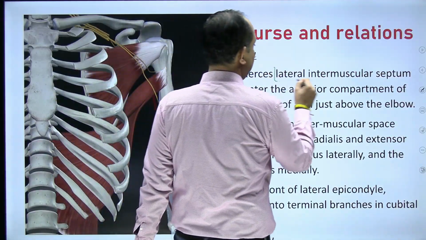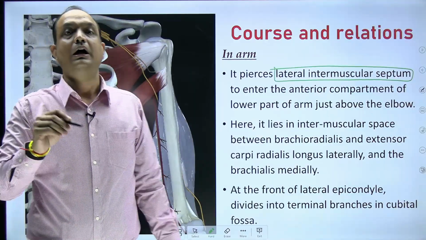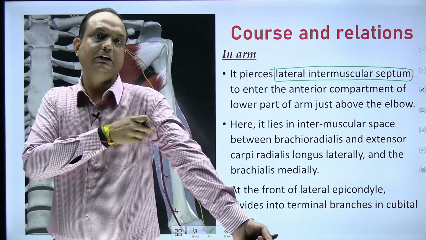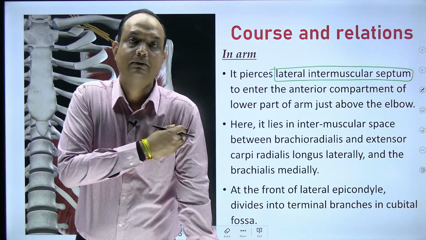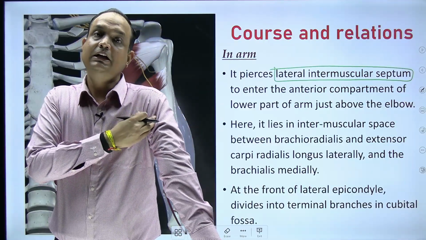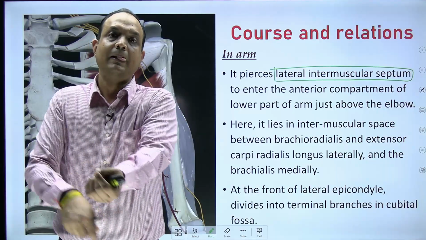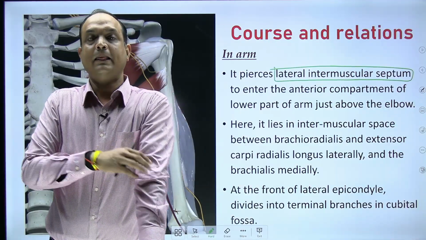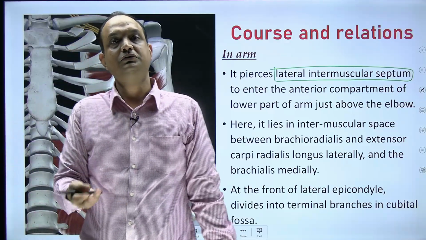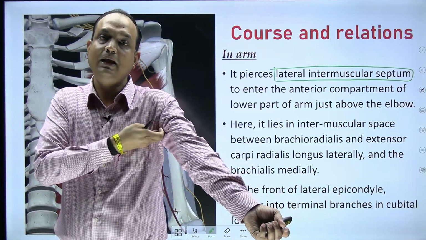So this is the one thing, that how the radial nerve re-enters, because it is present in the axilla, it is visible when you are doing dissection behind the third part of axillary artery. Then it leaves this front area, it enters into the posterior side, and then it again tries to enter the front. Now here you should have this question in your mind, why is it not piercing the intermuscular septum here?